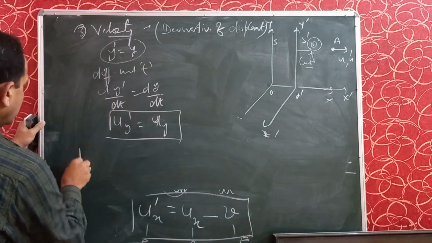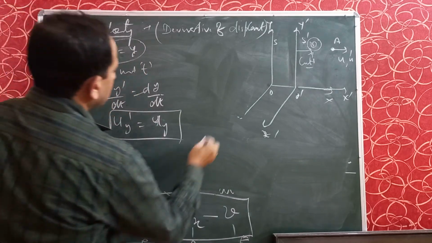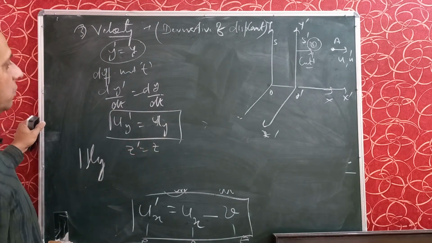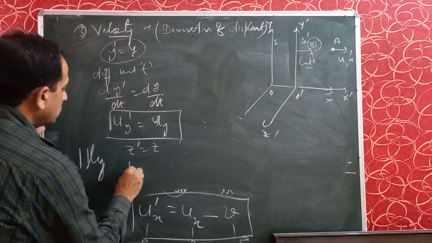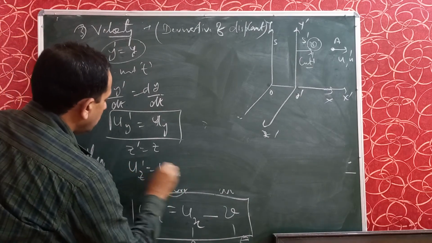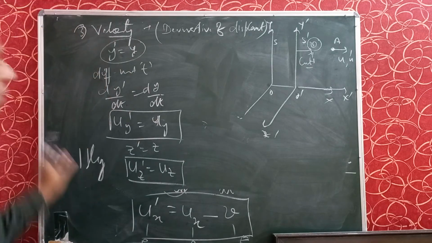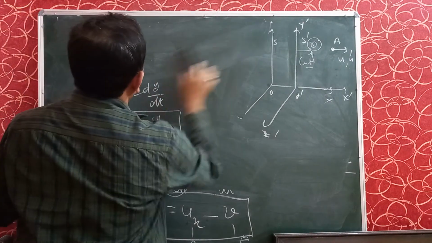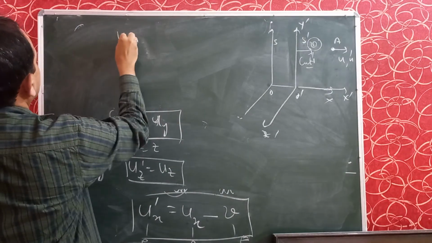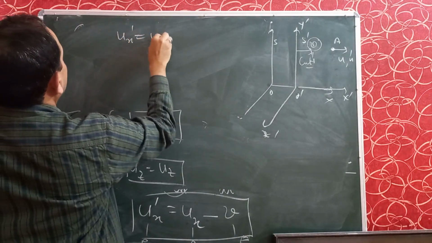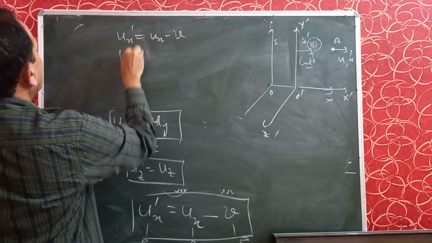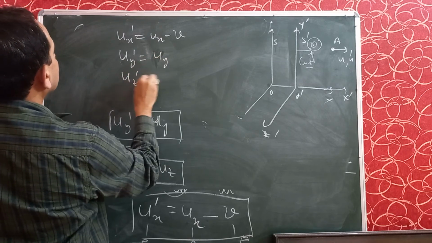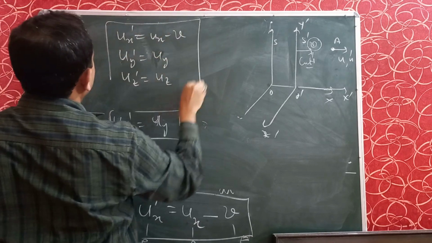Similarly, the third component, z' is equal to z, and we will do the derivative on both sides and we will get uz' is equal to uz. So it is a set of three components for velocity: ux' is equal to ux minus v, uy' is equal to uy, and uz' is equal to uz.